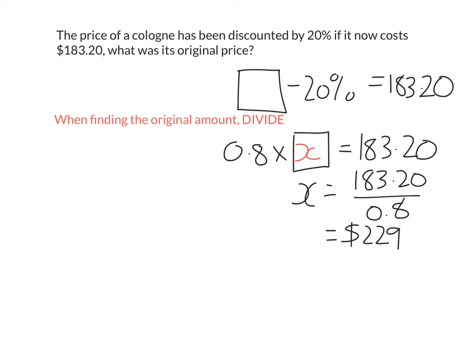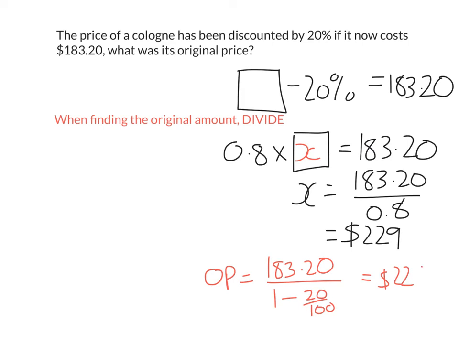So what actually happened here was the price was $229, it was discounted by 20%, and now costs $183.20. So rather than setting up our equation like this, we could have just divided quicker. We could have just said the original price, I'll just call OP, is the price it is now divided by 1 minus 20 over 100, and you'd get the same answer.